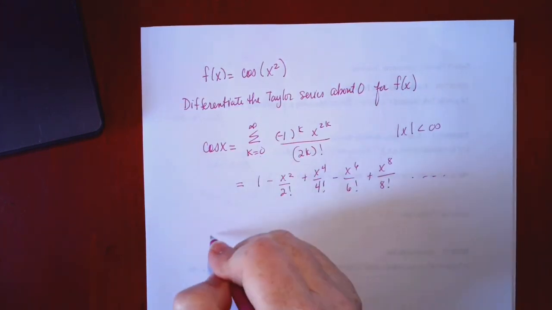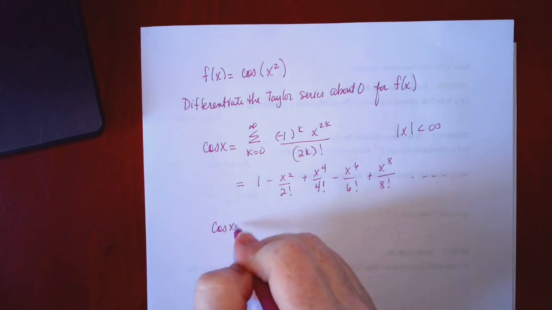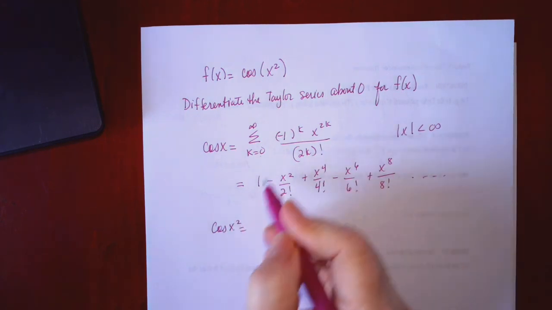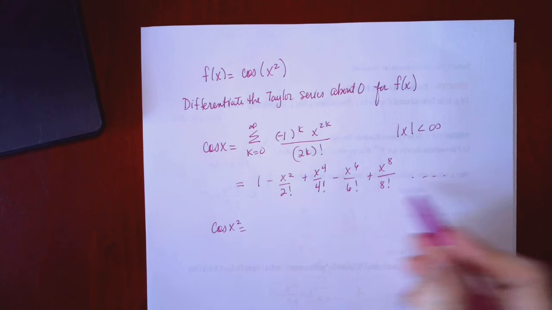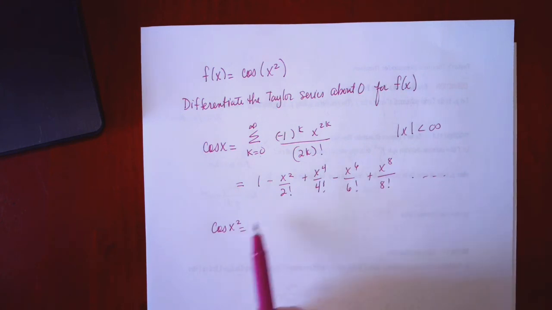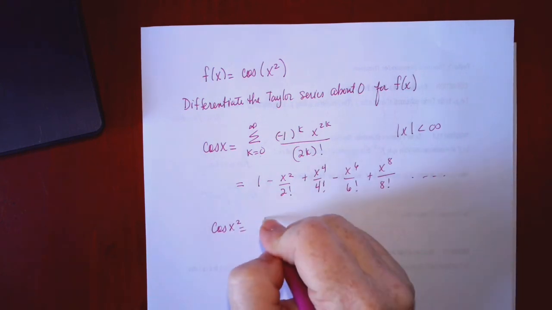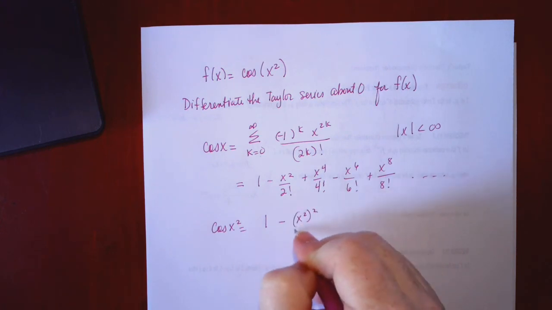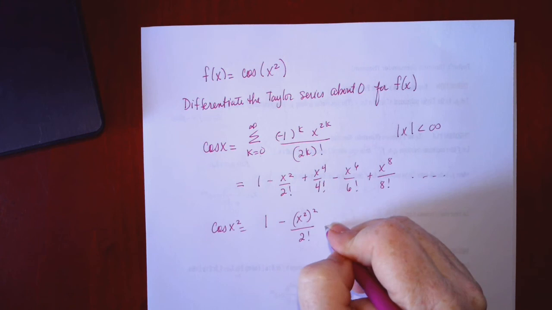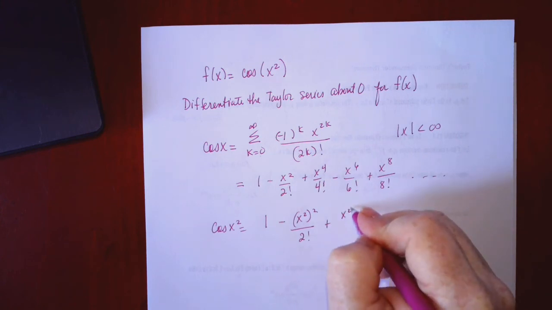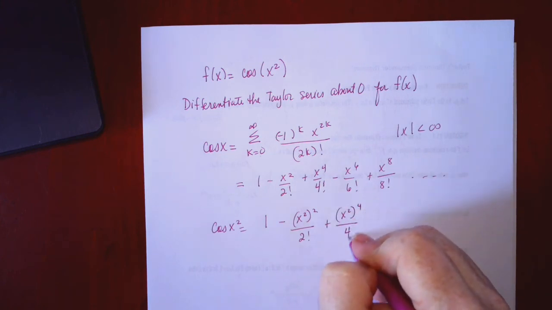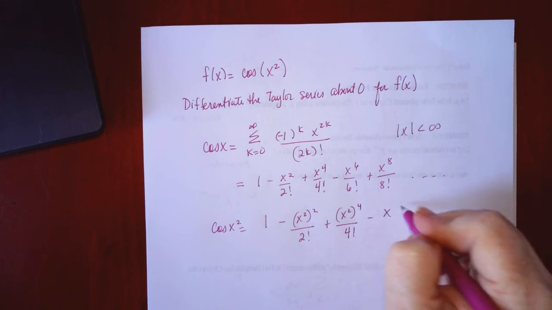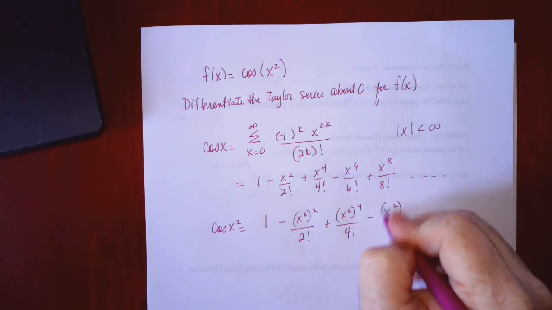So the cosine of x squared would be what we get when we just replace all the x's in here with x squared. So we would have 1 minus x squared squared over 2 factorial plus x squared to the 4th over 4 factorial, and so on and so forth.